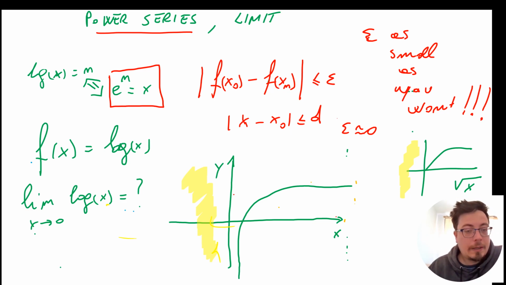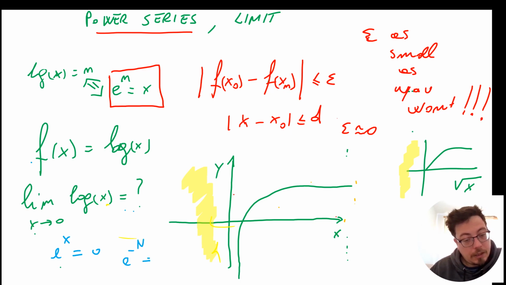But what happens when the logarithm has to go to 0? Think about e to the x. What must happen to x in order for e to the x to go to 0? Well, x needs to go to minus infinity, because you have e to the minus large n, which means 1 over e to the n.